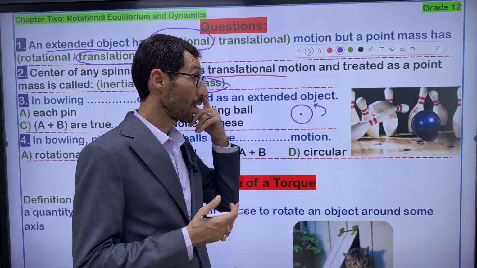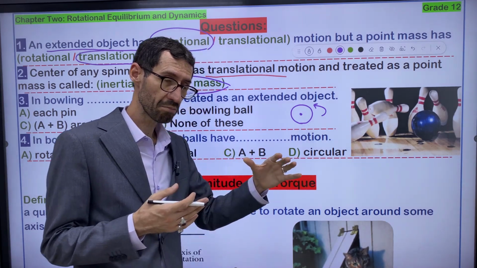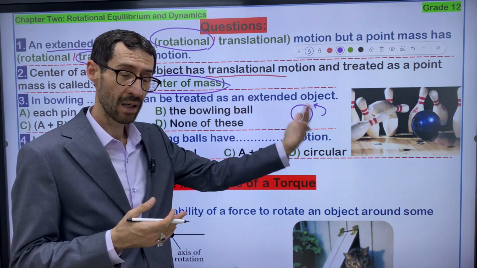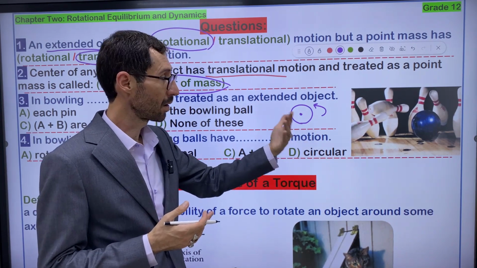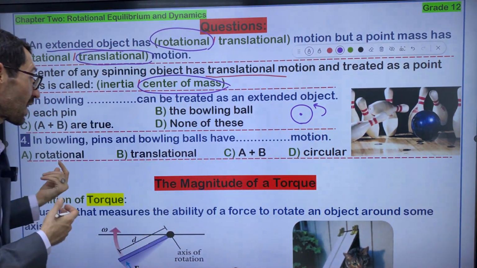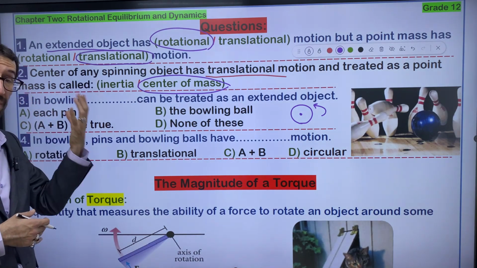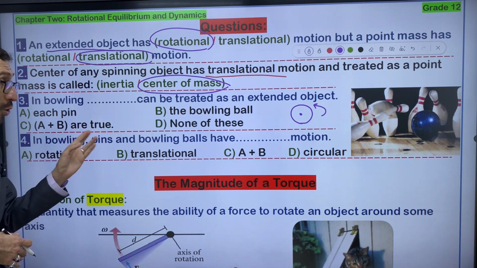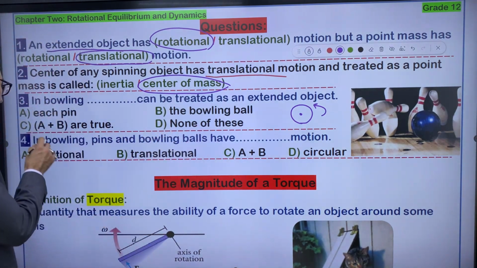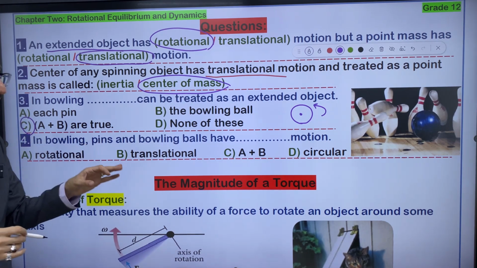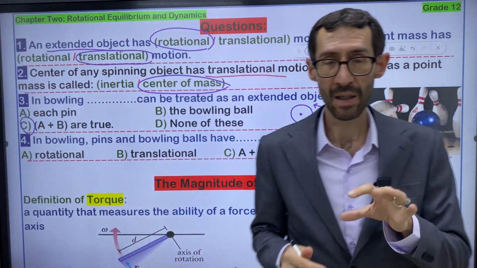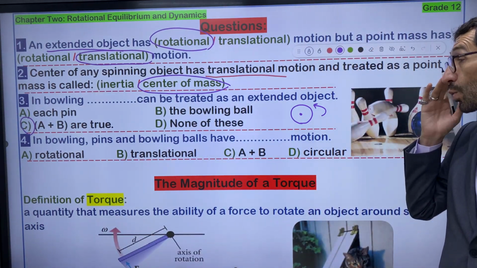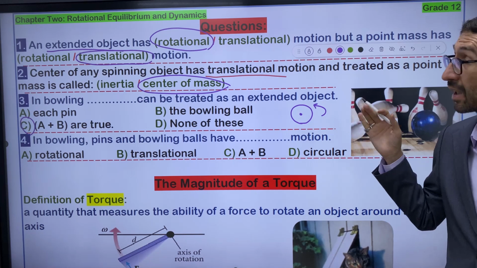That's why it advances forward and rotates simultaneously. That's why the bowling ball is considered to be an extended object. C says A and B are true. It's true. D, none of these. I can say so. Each pin and bowling ball are considered to be extended objects.